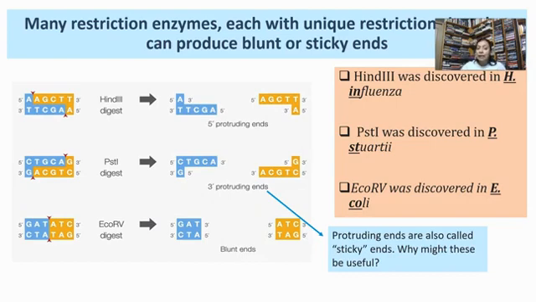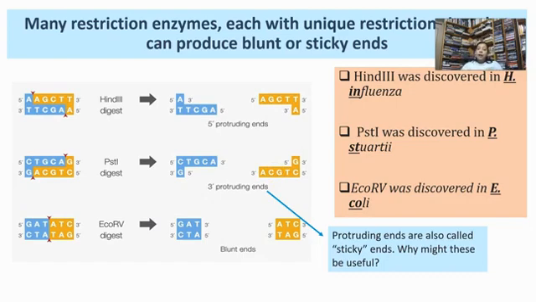However, if instead you had molecules that were cut by a protruding-end-producing enzyme, in that case, as long as you had your sequences correct, the only way that they could stick back together would be for it to be in the correct orientation.